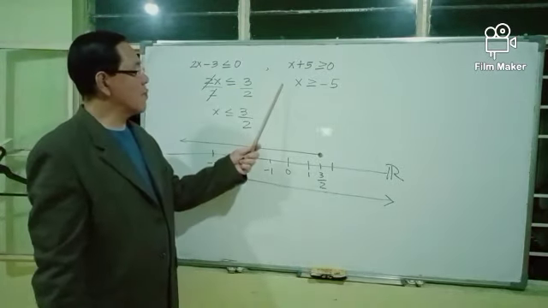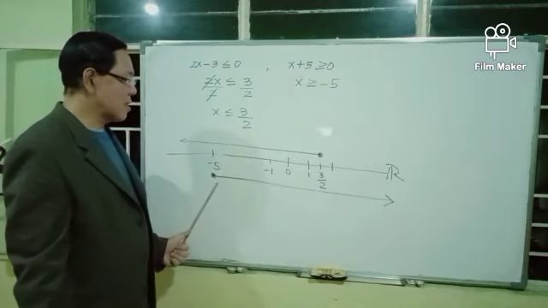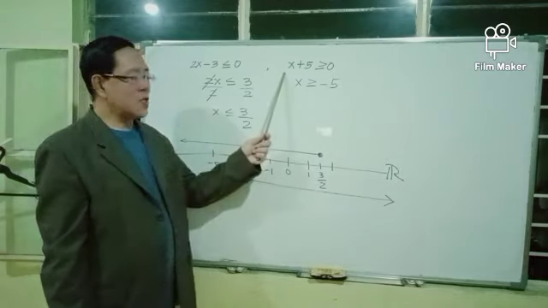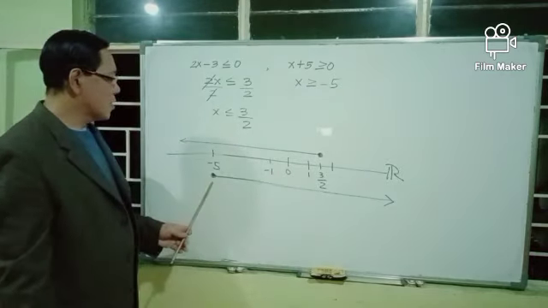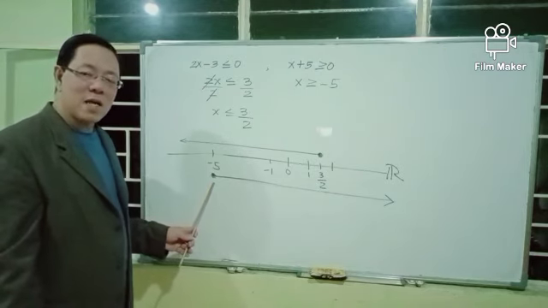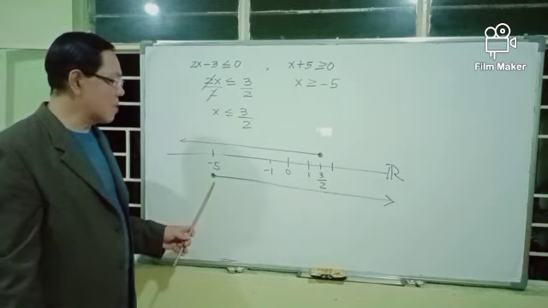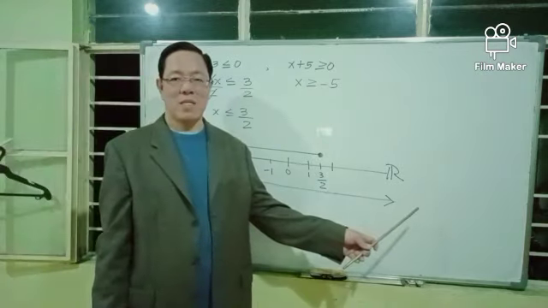The solution of this linear inequality is represented by this diagram. The solution of x plus 5 greater than or equal to 0 are those values of x from negative 5 and all the real numbers greater than negative 5. Those real numbers are to the right of negative 5 up to positive infinity.